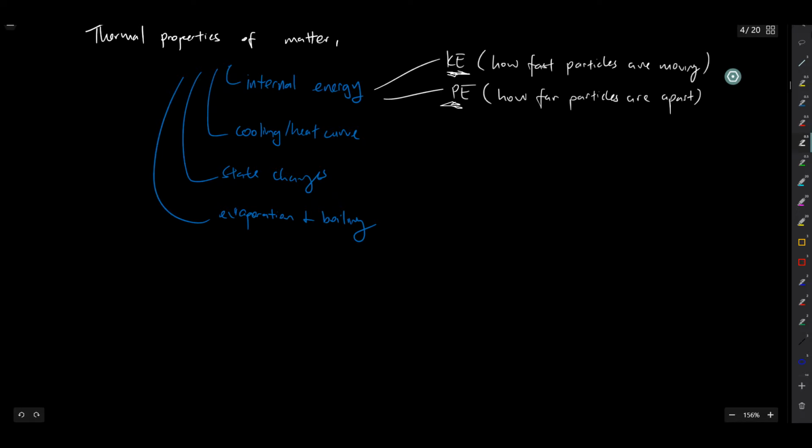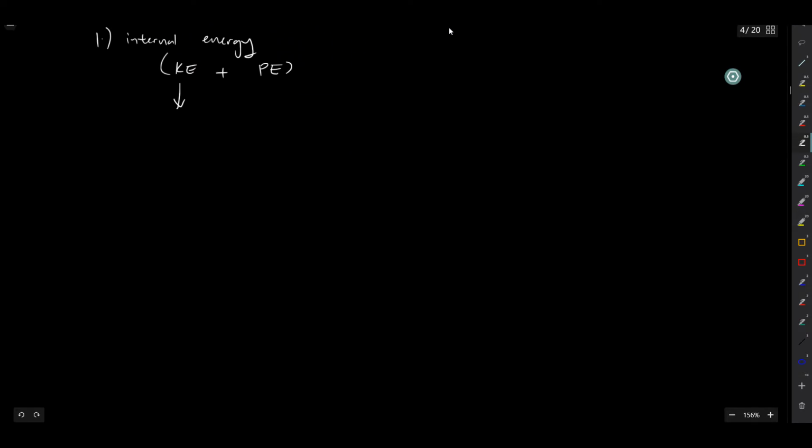The first one is internal energy, which is KE plus PE. To have higher KE, particle speed increases. When KE goes up, the temperature must go up also.